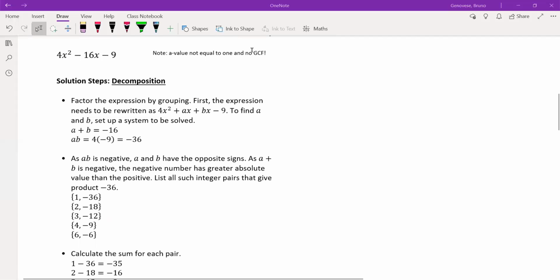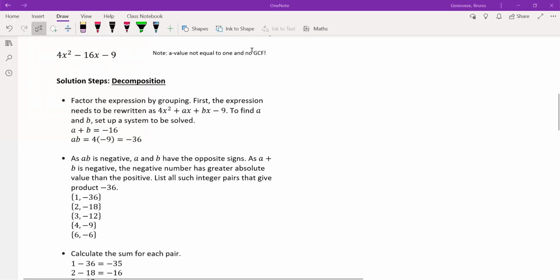decomposition involves you examining the A and the C values. You're trying to set up this little pattern of splitting, or decomposing, the negative 16x into two terms. So you're trying to find the A and the B here in this pattern and set up a system. A system just means two different equations with the same letters in.